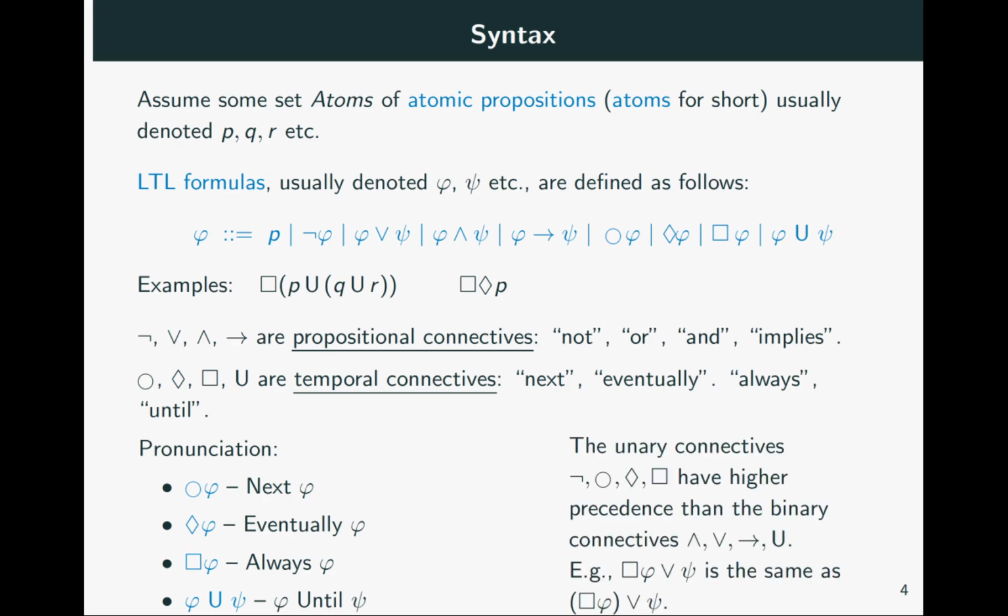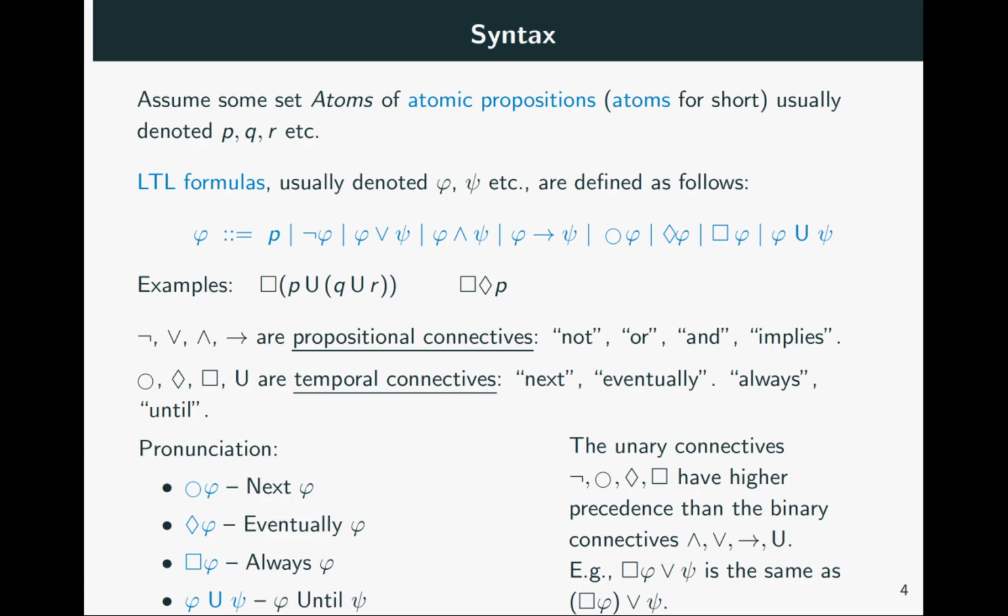Another way to classify connectives is into the unary ones, not, next, eventually, and always, and the binary ones, which are and, or, implies, and until. As a matter of parsing, we assume that the unary connectives have higher precedence than the binary connectives.